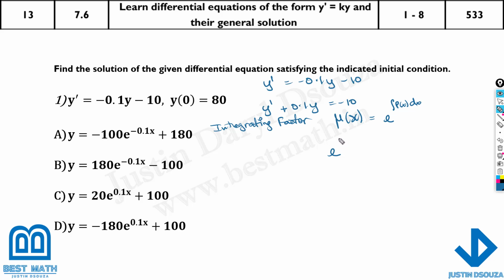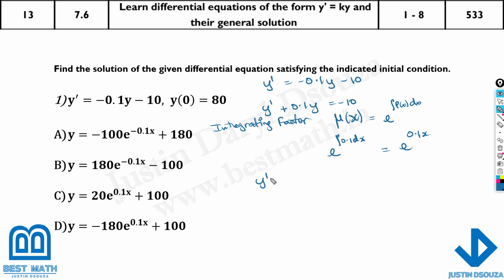So we write over here the integral of 0.1 dx. This is the thing. p of x is 0.1. Now let us integrate 0.1. What happens? This is going to be e to the power 0.1x. That's it. So this is the integrating factor which we'll multiply throughout this term.